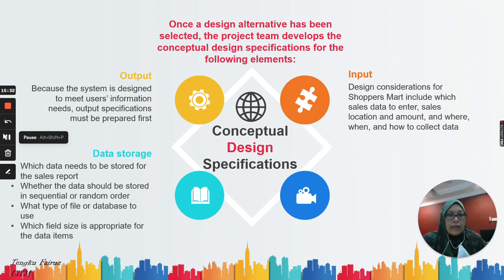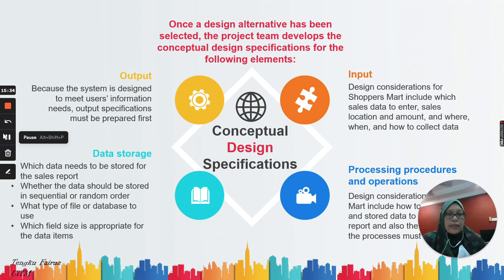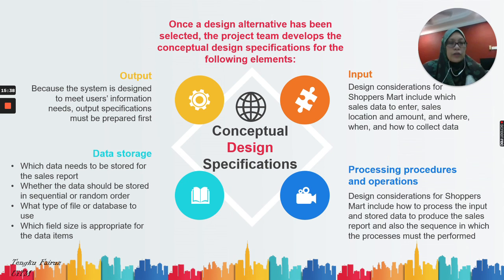Okay, and then the last element is processing procedure and operation. So if we refer pada Shopper Smart tadi, include how to process the input. Okay, so bila dah masuk data, macam mana dia nak proses data tu, store di mana, store data to produce the sales report and also the sequence in which the processes must be performed.